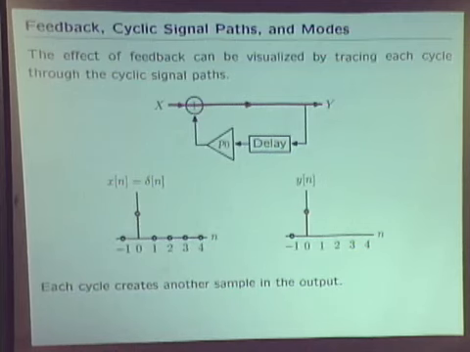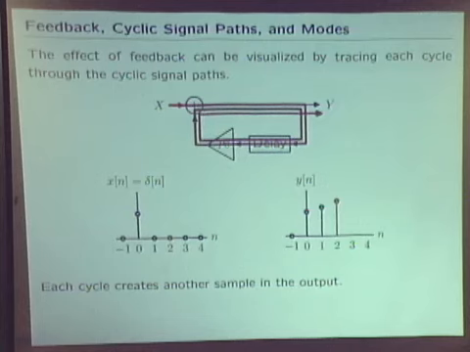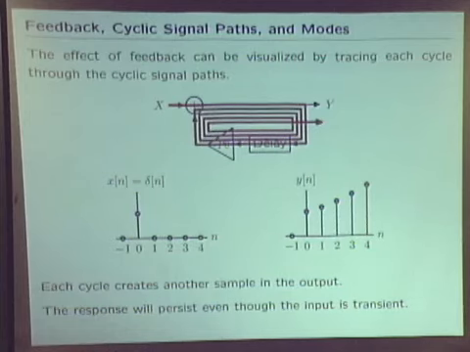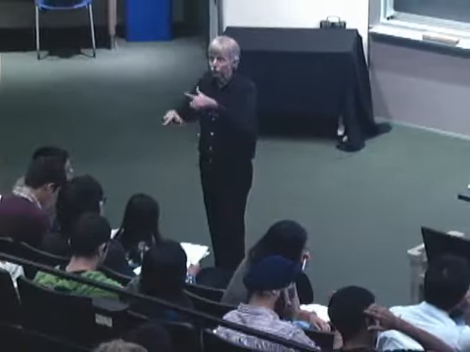The only way you can get from the input at time 0 to the output at time 1 is to make the circle exactly once. If you make the circle exactly once, then instead of being height 1, it's height p0, because you had to go through the p0 once. If you go around a third time, it's p0 squared, p0 to the fourth, and so on. So that's a way of thinking about why there is this persistent response, by looking at the block diagram.